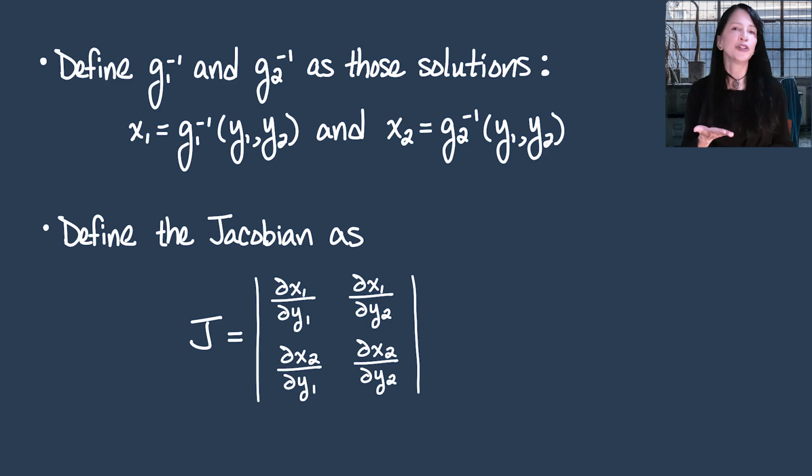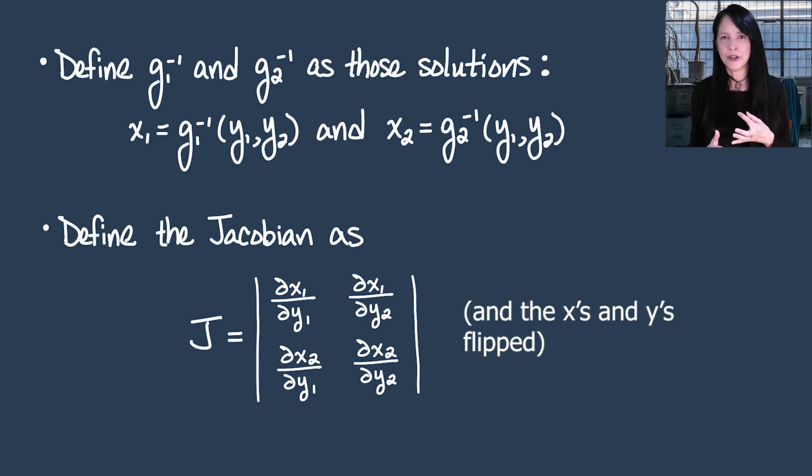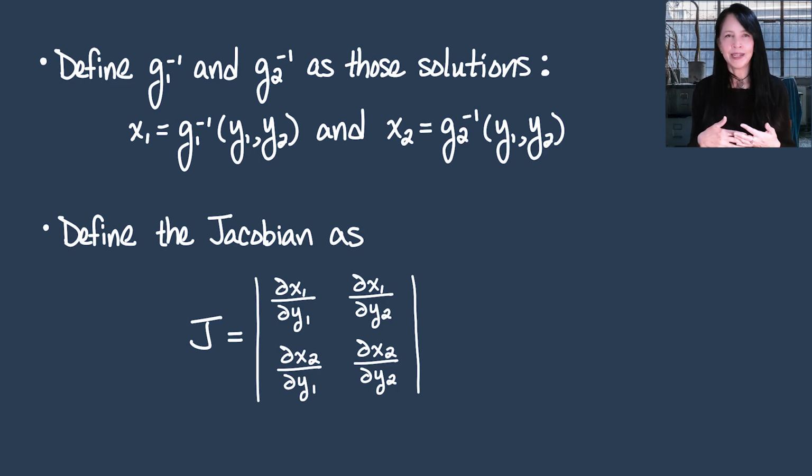If you've used the transpose of this matrix, that's also okay. My Jacobian is known as a backward Jacobian, and if you're used to it the other way, it's known as a forward Jacobian.